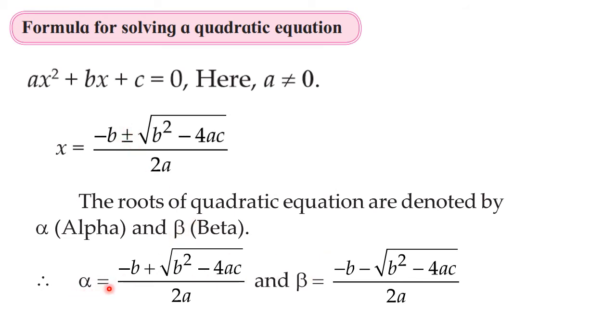For alpha we are taking minus b plus under root b square minus 4ac upon 2a, and for beta we are taking minus b minus under root b square minus 4ac upon 2a. That means these two roots, they differ by only this sign. Okay. Always what we find is the numerator here is a conjugate pair.